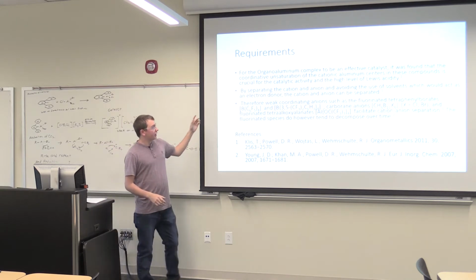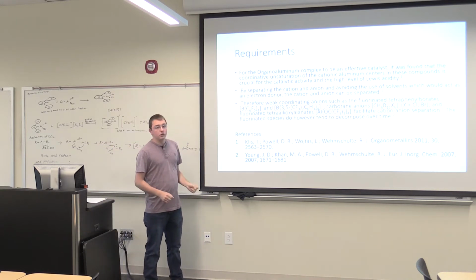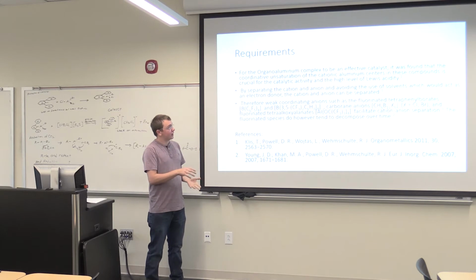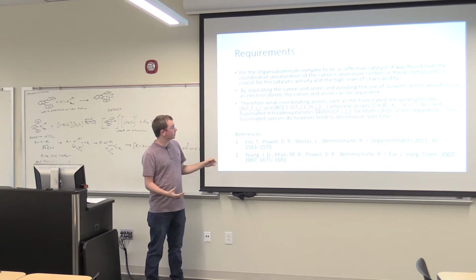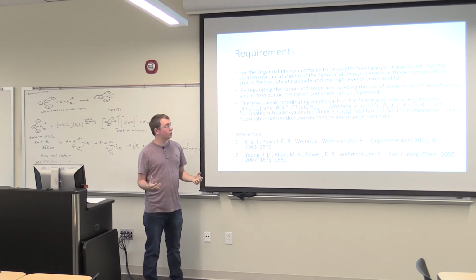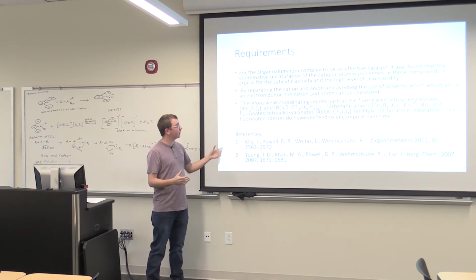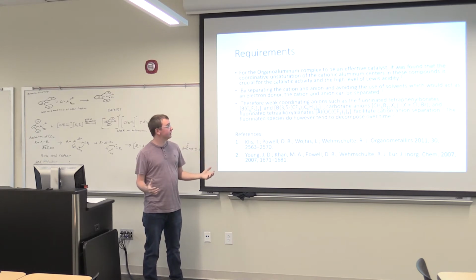By separating the cation and anion, you decrease the stabilization of the metal cation, allowing it to undergo that catalytic reaction. So if you're going to do that, you want something that's weakly anionic, so that it can separate easily.